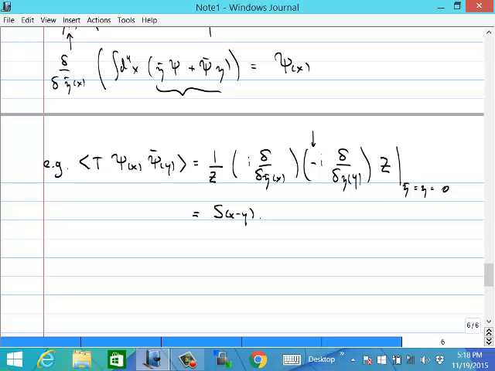There's one comment that I want to make about this. The first comment is that I'm suppressing spinor indices everywhere. So really psi is a 4-component spinor, so you could put a spinor index there. Psi bar is a 4-component spinor, you could put a spinor index there.